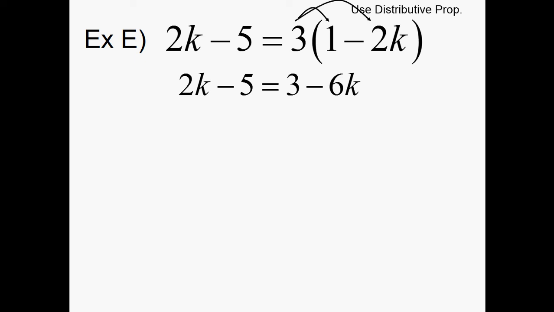So you should now be at this point here. The left side is able to stay the same. The right side, we used our distributive property. If you notice, the variables are not the same, so it's not going to be a special answer. It's going to be a normal answer of k equals something.